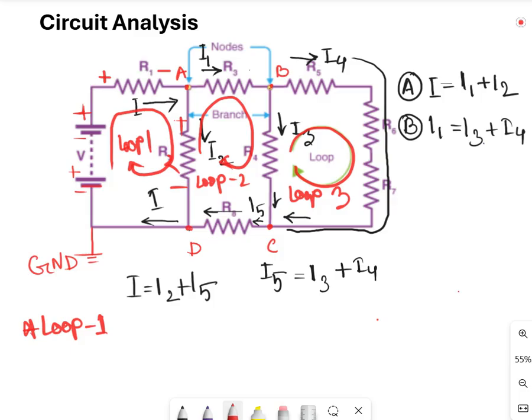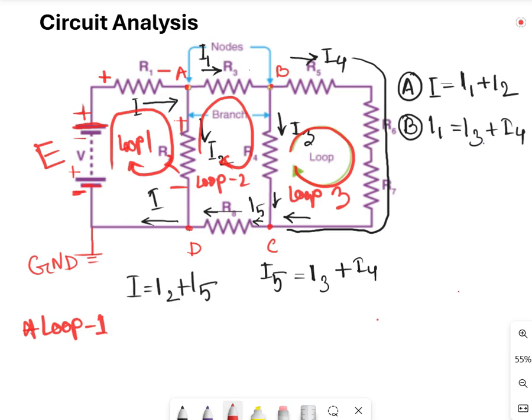So for loop 1, the battery, let's write down here E, or V, doesn't matter, same thing. Here this one will be positive and this will be negative, because the larger symbol represents the positive and the smaller represents the negative, right?